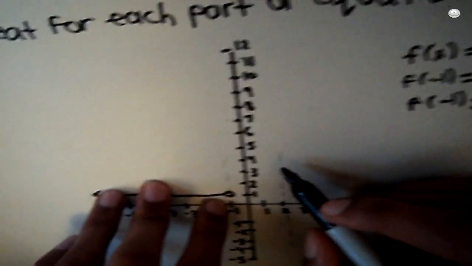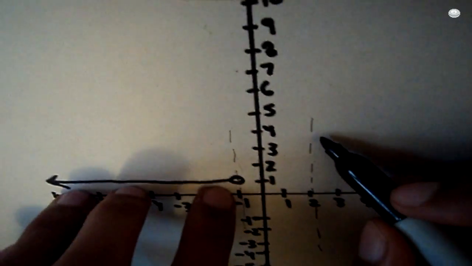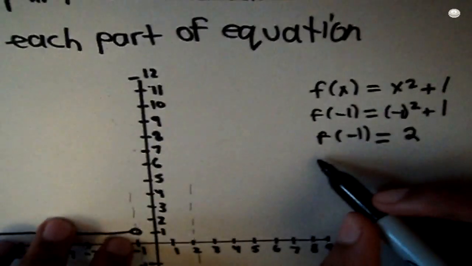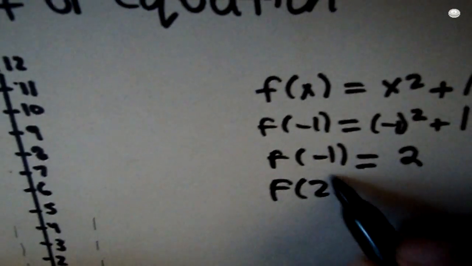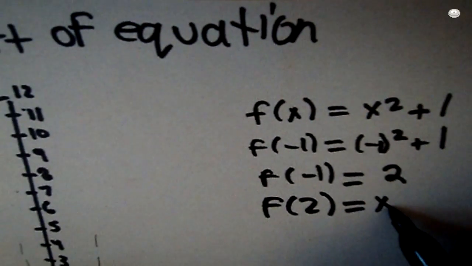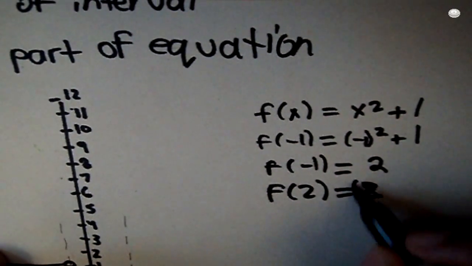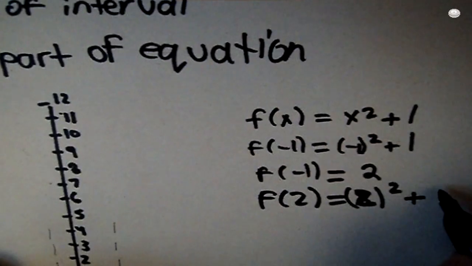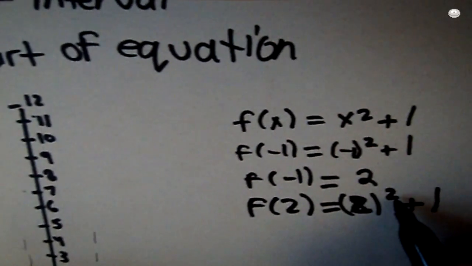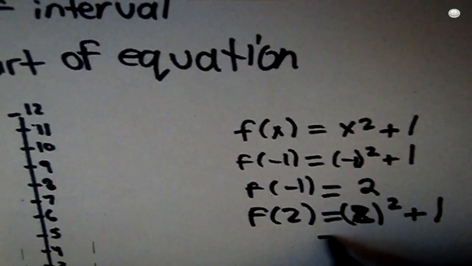And we also know that the function goes all the way up to 2, so now we must find f of 2. We plug in 2 for x, and we square and add 1. So 2 squared is 4, plus 1 is equal to 5.